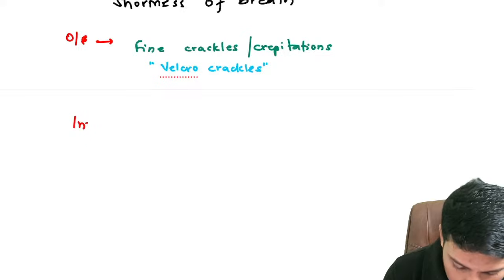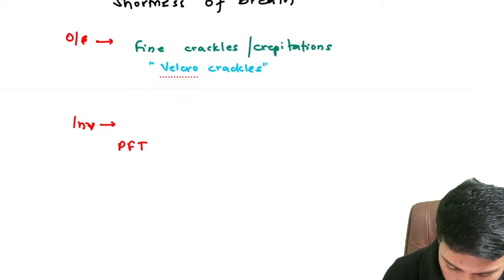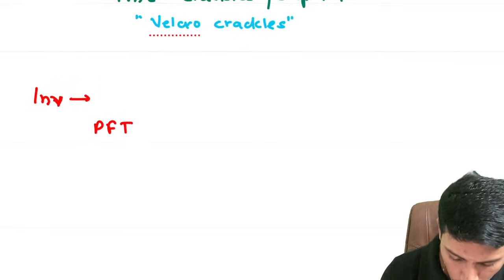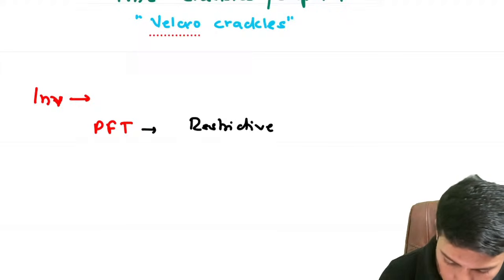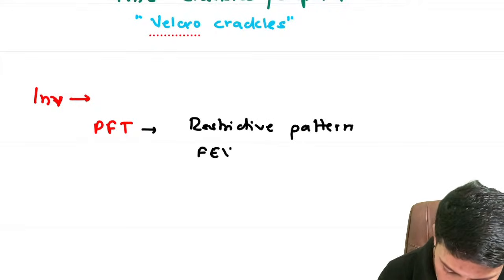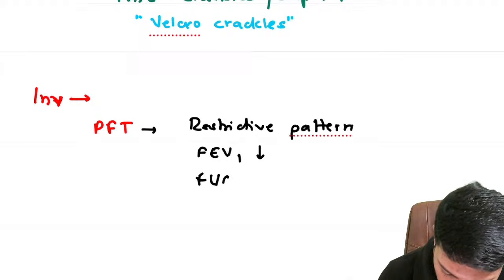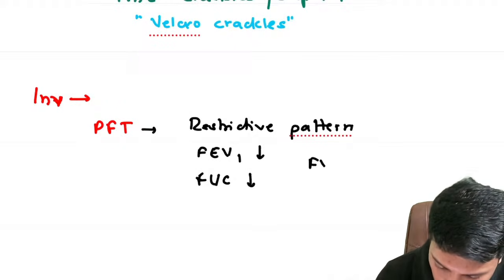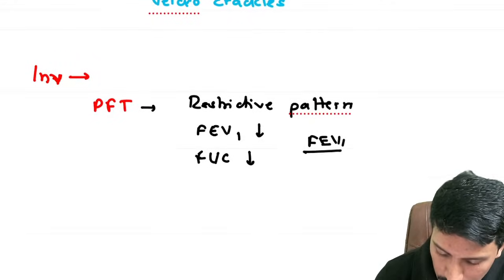And when it comes to diagnosis, the investigations, if you do PFT, what are we going to get? On the PFT, we get a classical restrictive pattern. Restrictive pattern, that is, you will have decrease in FEV1, you will have decrease in FVC, but because both of them are proportionately decreased, the ratio is not affected.